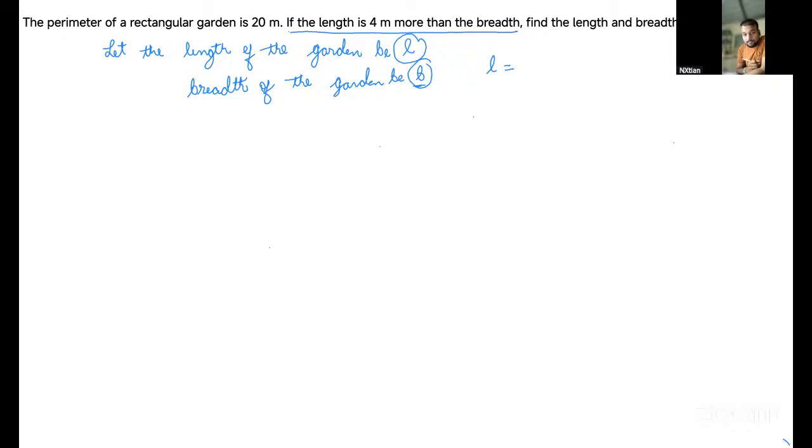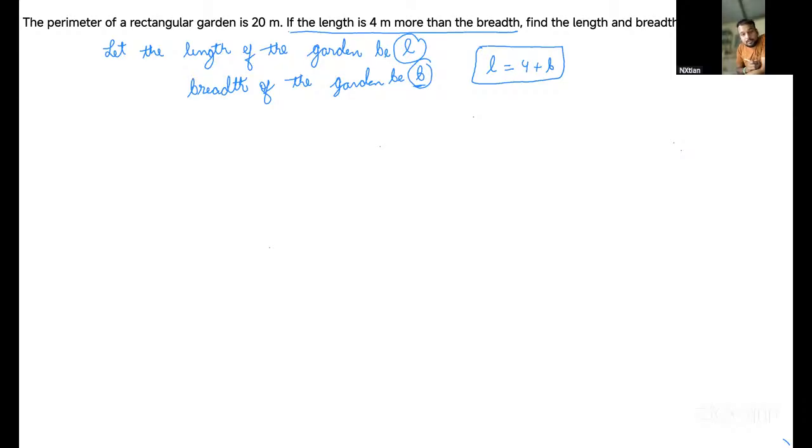Length is equal to 4m, then the breadth. What do you mean by more than? More than is plus. So 4 plus breadth, because we take breadth as B and length as L, that's why.